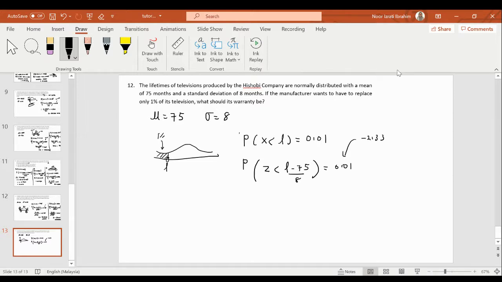So that will give us L minus 75 divided by 8 equals negative 2.33. So the lifetime covered by the warranty is 56.361.